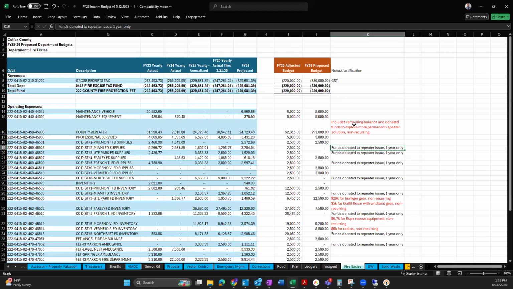So fire excise tax was what I was thinking of. There's a big increase here to this line item, 291,000, so an increase of almost $250,000 from the prior year, and that's to provide funding for a permanent repeater. That's a non-recurring expenditure, but it is being kind of self-funded by various fire departments optionally reducing their inventory and supplies balances for the current year. So it doesn't really have a net impact on the total deficit.